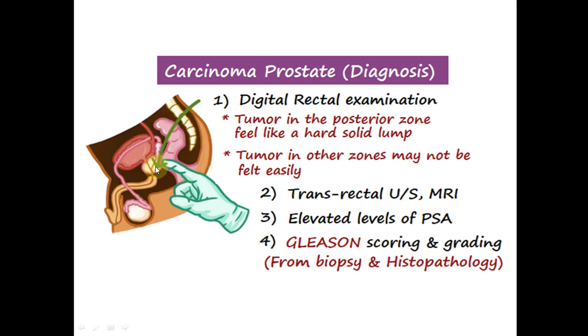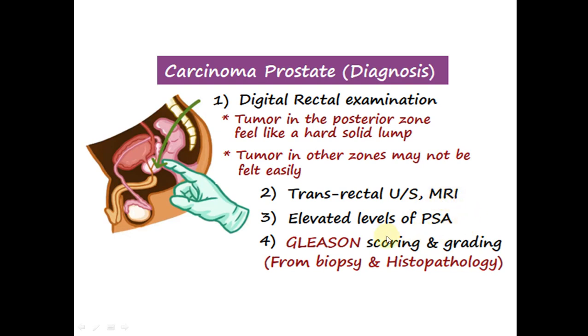But if the prostate cancer lies in zones other than the peripheral posterior zone, for example, if it involves the transitional zone or the central zone, in those situations we may be unable to palpate it with a finger. So we may also do transrectal ultrasound, and we may also do magnetic resonance imaging to visualize the prostate.